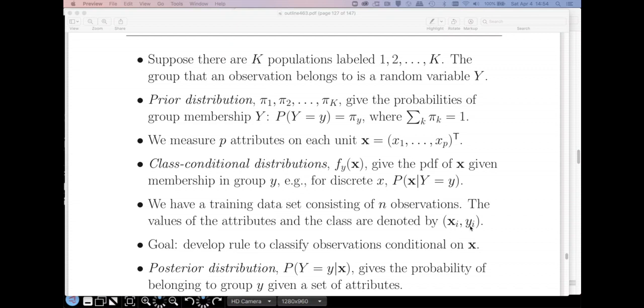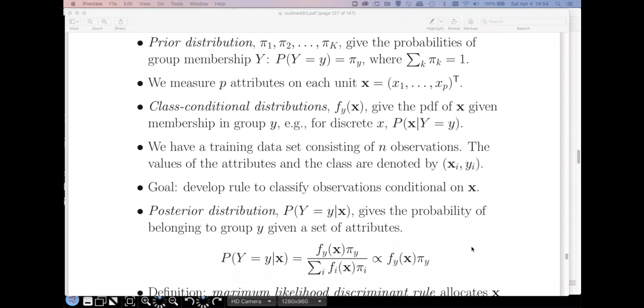And then we observe which group that person is in. So we have training cases. We know whether or not some sampling unit defaulted on the loan or didn't default on the loan. So our goal in classification theory is to develop some rule that allows us to classify observations conditional on x.